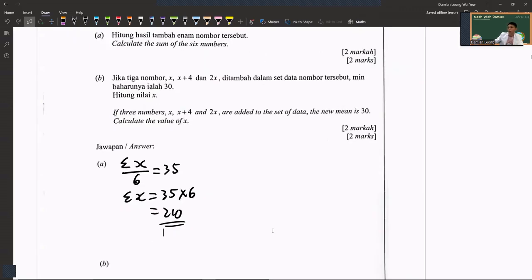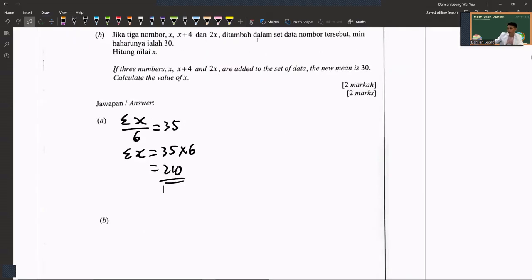Then B, if three numbers x, x plus 4, and 2x are added to the set of data, the new mean is 30. Means the new sum of values will be plus x, x plus 4, and 2x. So the sum of values plus x plus 4 plus 2x, divided by 9 values, since originally there are 6 numbers and now adding 3 numbers in, equals the new mean 30.